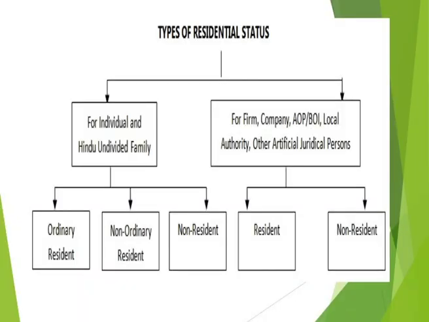In the image visible to you, we have person. According to the definition, person means an individual, HUF, that is Hindu undivided family, partnership firm, company, association of persons or artificial juridical persons. These all come under person.